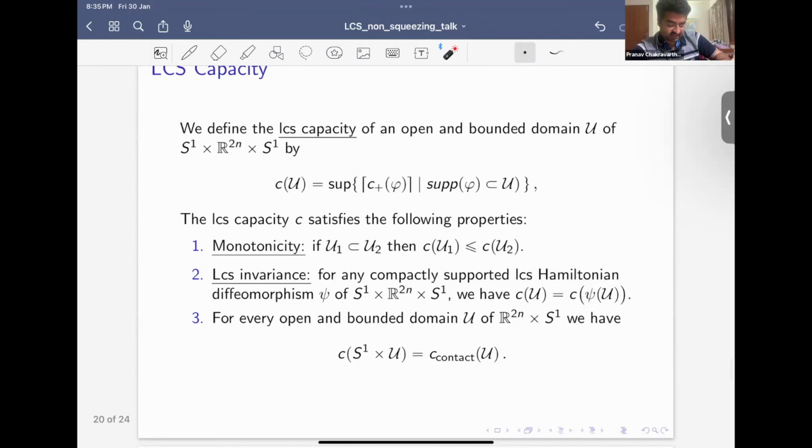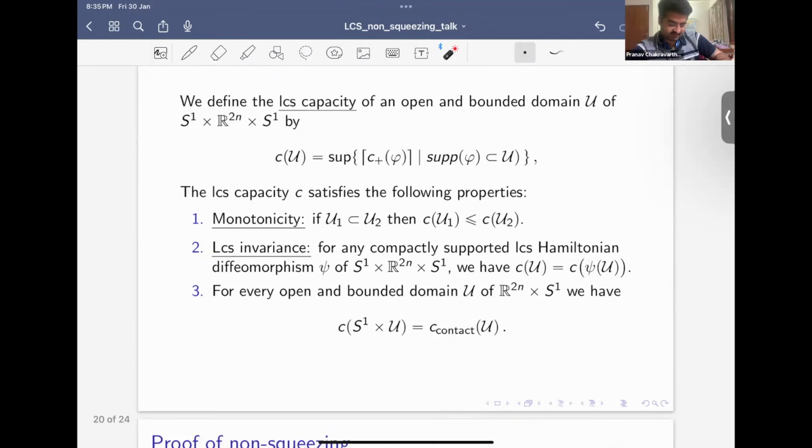And finally, one can define an analogous capacity for the contact case.